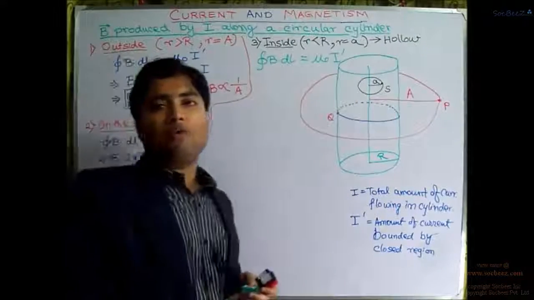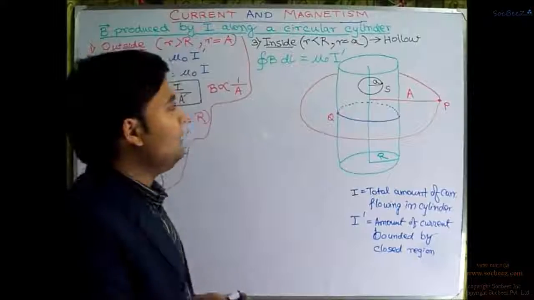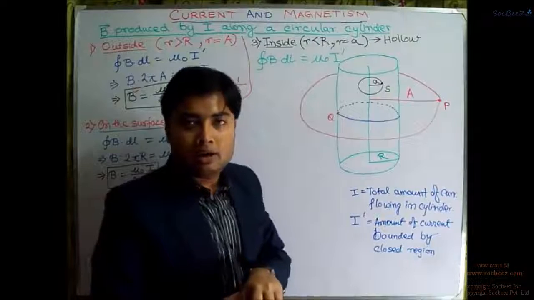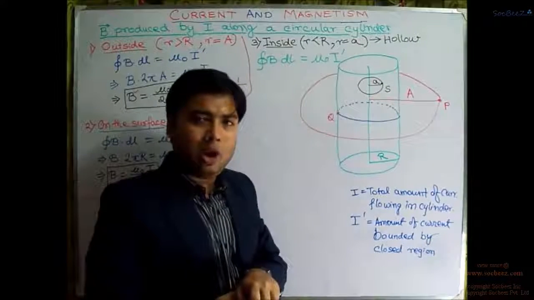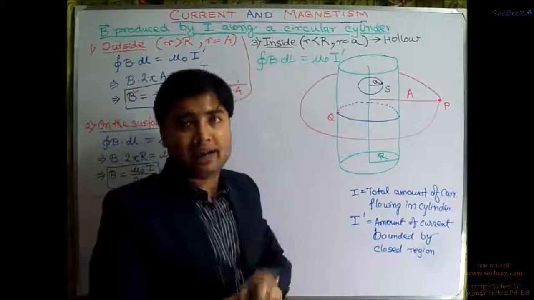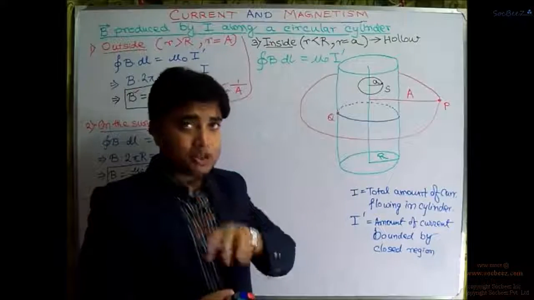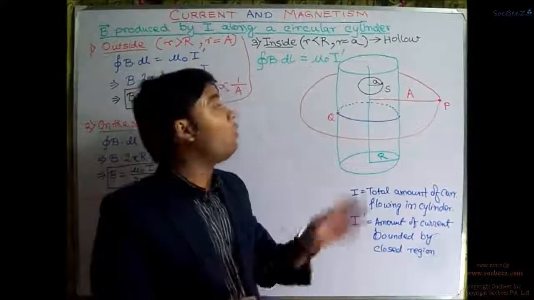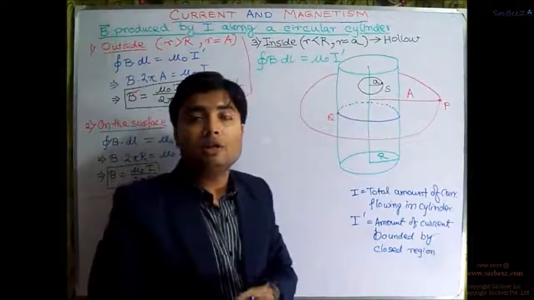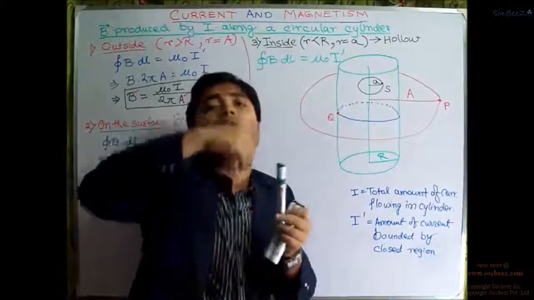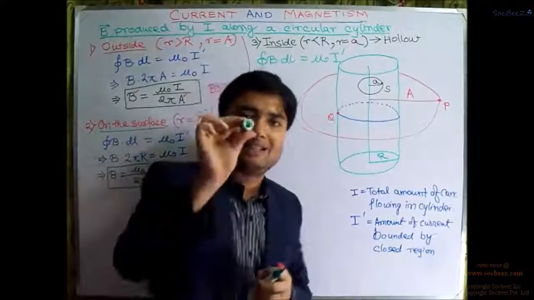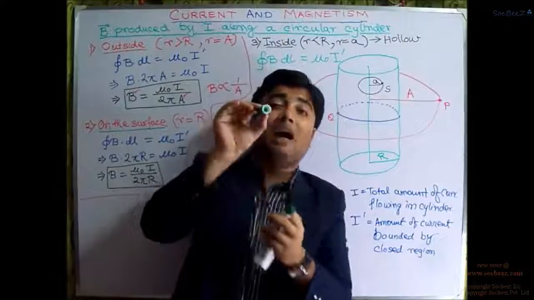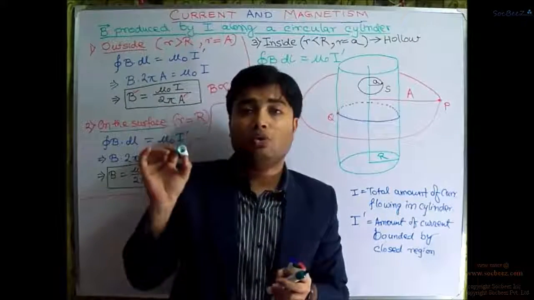Now what will be the value of I dash? Within this black encircled area, will you actually feel any current? No, because if it is hollow, the current is being conducted by this cylinder only through its surface, the inner surface and the outer surface. Say for example like this, the current will be conducted on the outer surface and the inner surface, but inside it will simply be hollow, right?